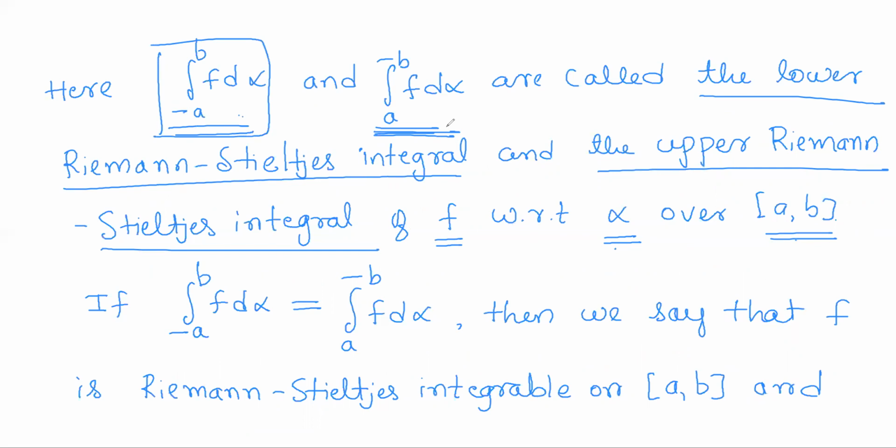So it is similar to the Riemann integral. The only difference is that we consider an extra monotonically increasing function. Now, if the lower Riemann-Stieltjes integral of f with respect to alpha over the closed interval [a, b] is equal to the upper Riemann-Stieltjes integral, then we say that f is Riemann-Stieltjes integrable on the closed interval [a, b].